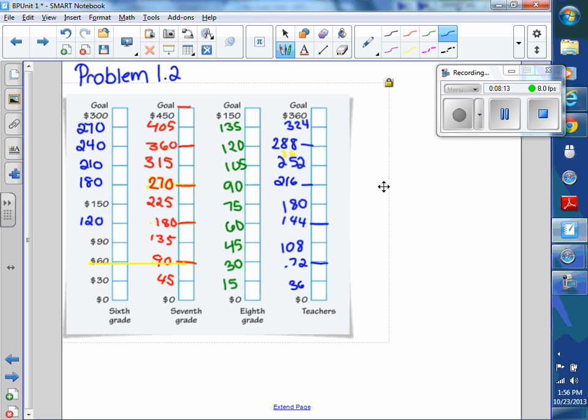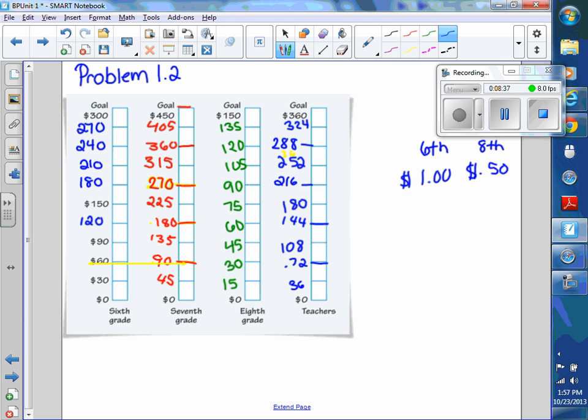So if I said for every dollar that the 6th grader raises, what would that be for the 8th graders? More or less? How much less? So we'd say they would make 50 cents. I think you might have said that earlier. I just wanted to make sure.